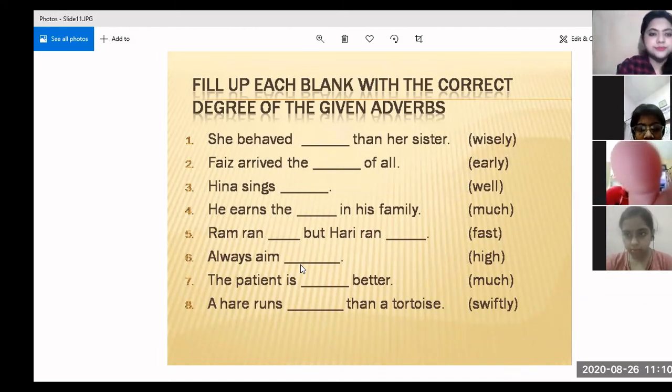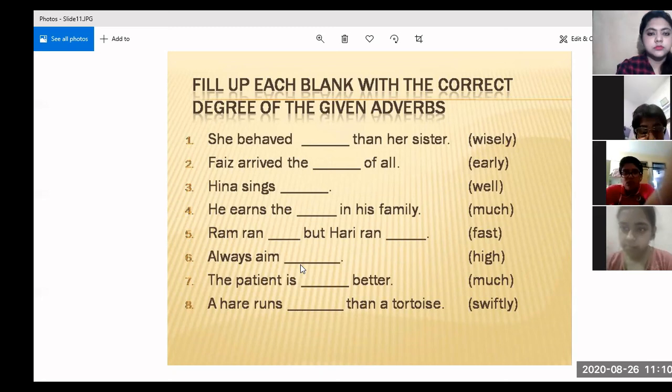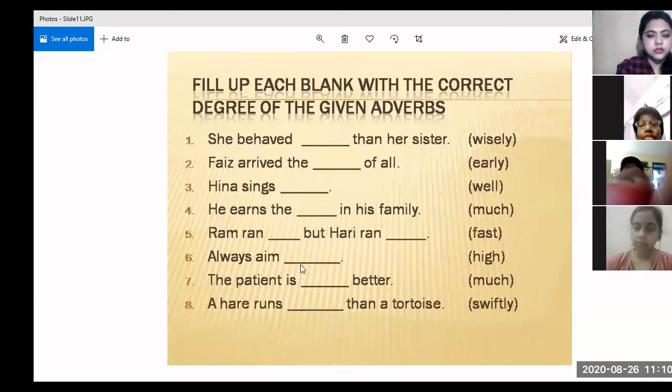Who will answer? Yes, raise your hands. Why are the same children raising the hands? No, now the one who is not raising the hand, I'm going to ask that person.